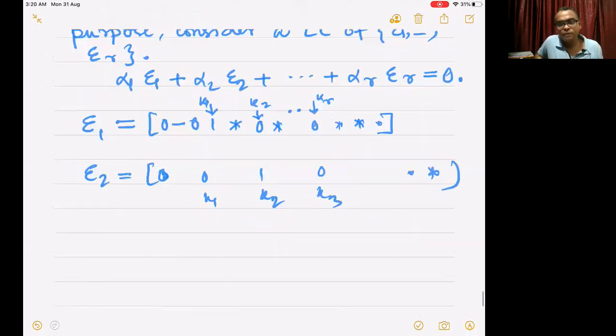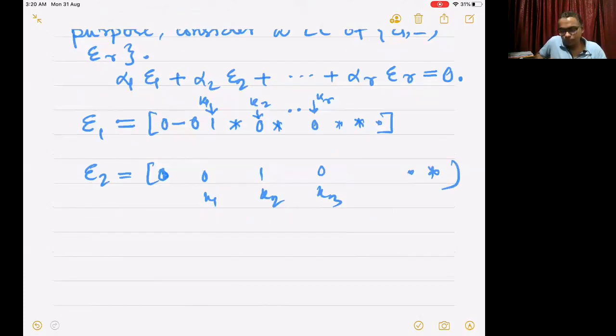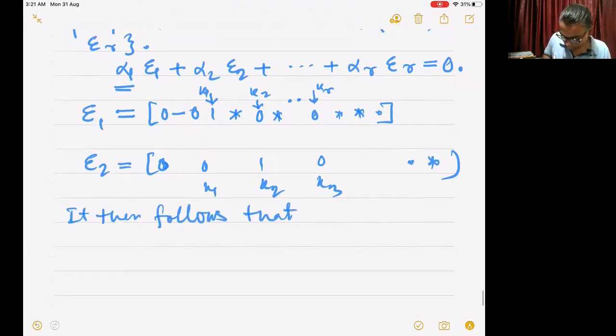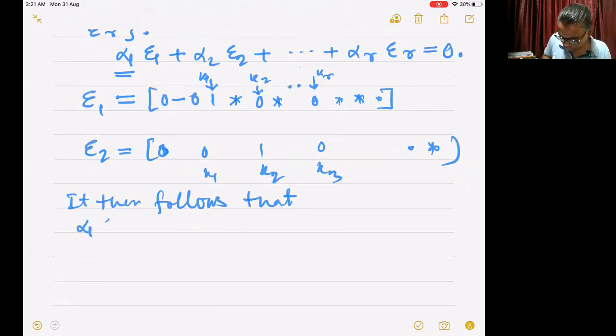Now, from there, let me just appeal to your imagination and clarify what would be the next step. The next observation is that in this linear combination, from this structure of the epsilon vectors, it therefore follows, listen to this very carefully. This is the most crucial argument of this whole process.